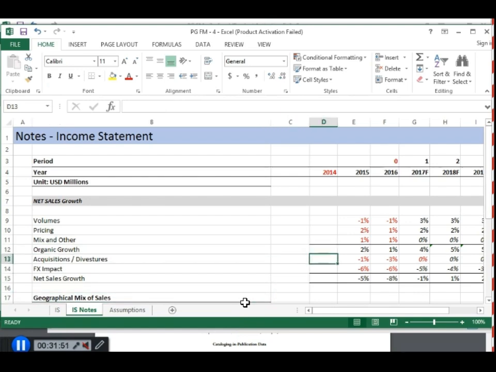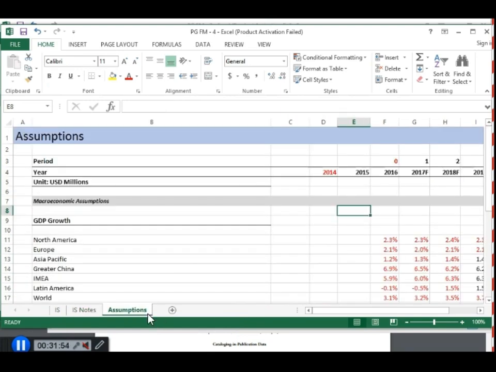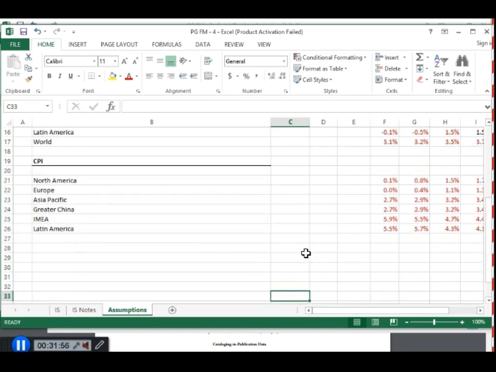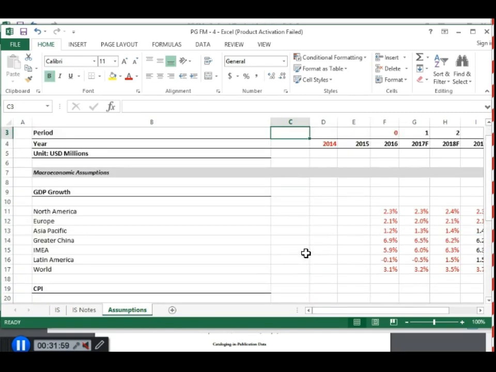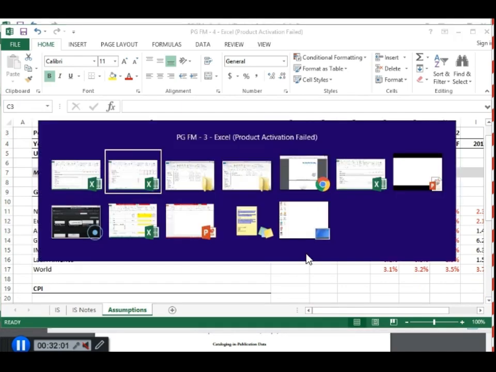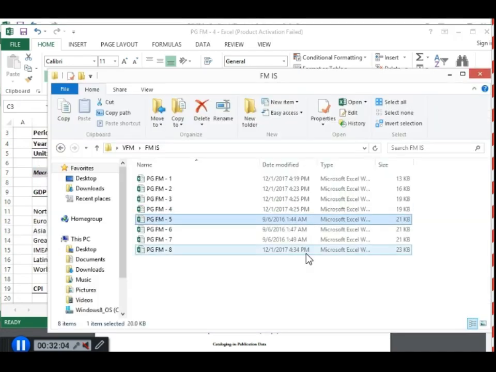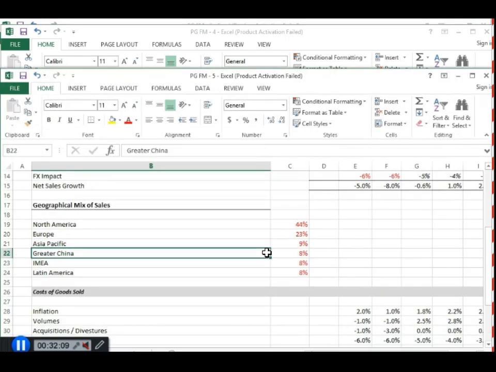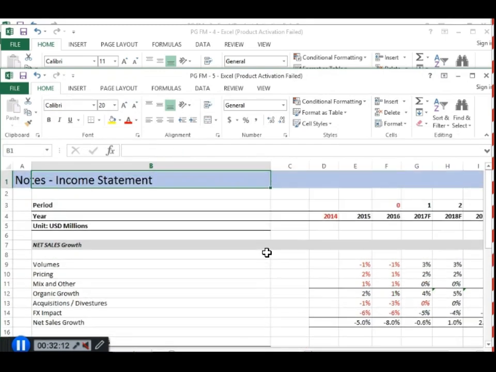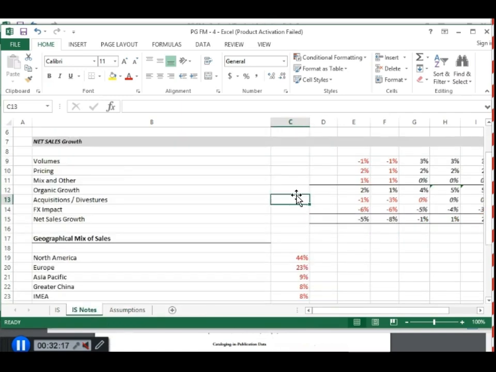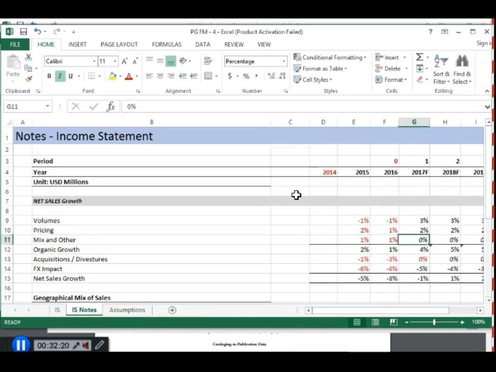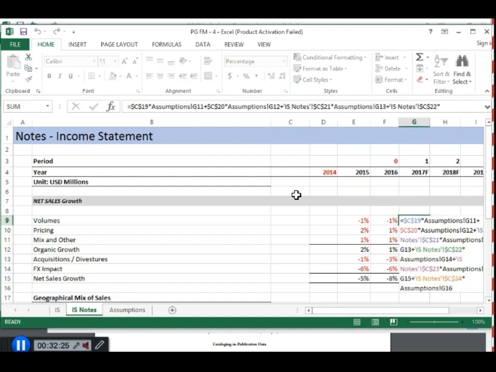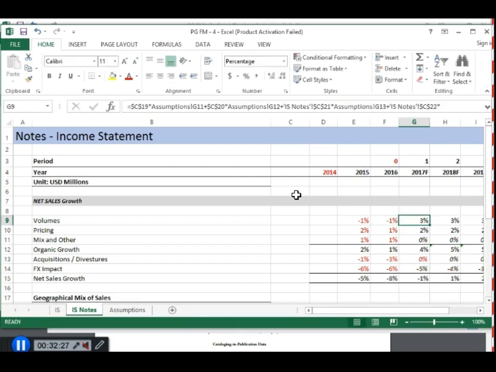So if I look into it, still continuing. Okay, so I had to forecast volume, and my volume would depend on what?